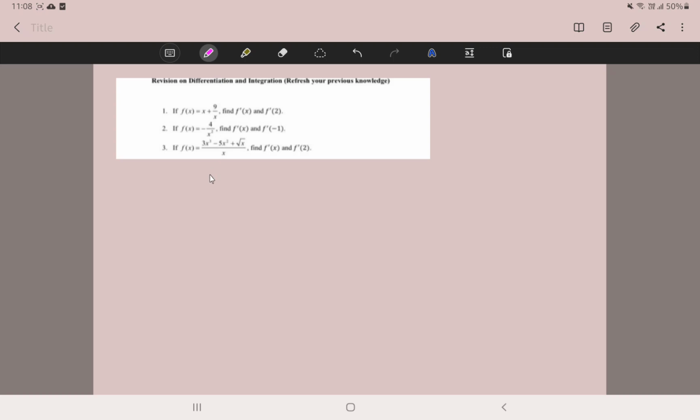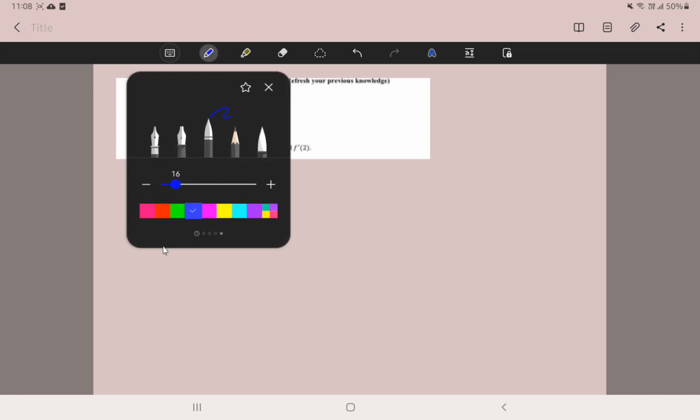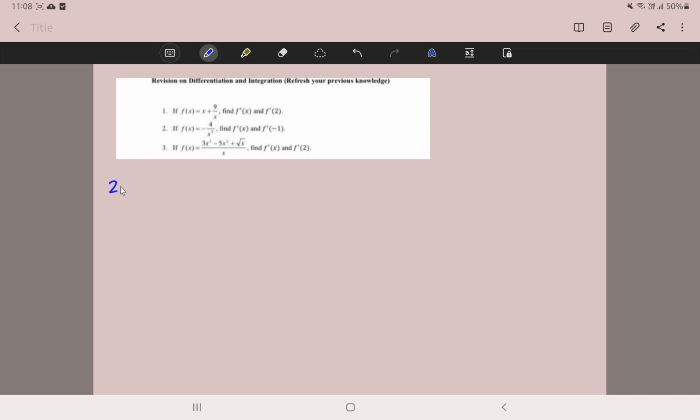Alright, for question B, the function f of x is minus 4 over x squared, so you can rewrite this as minus 4 times x to the power of minus 2. So remember our power rule, the indices rule, which is if you have 1 over b to the power of c, for example, this is actually b to the power of minus c.